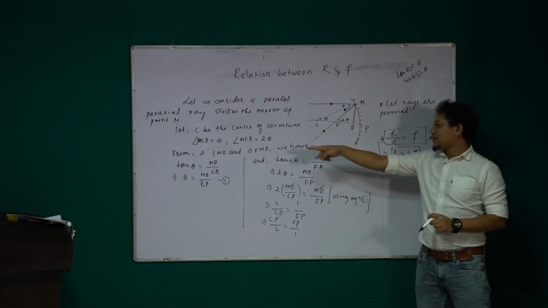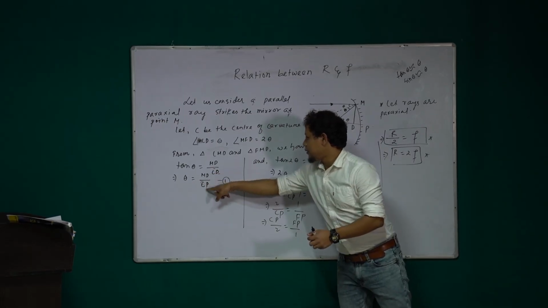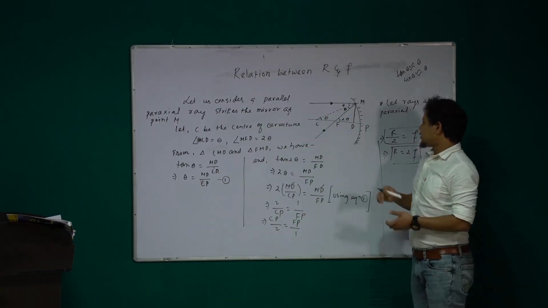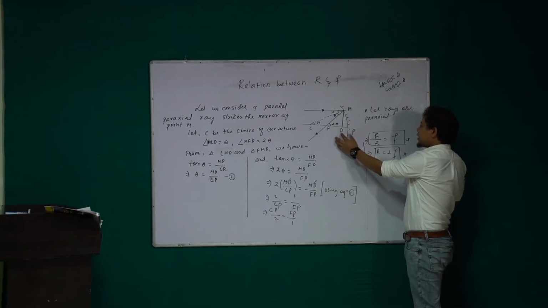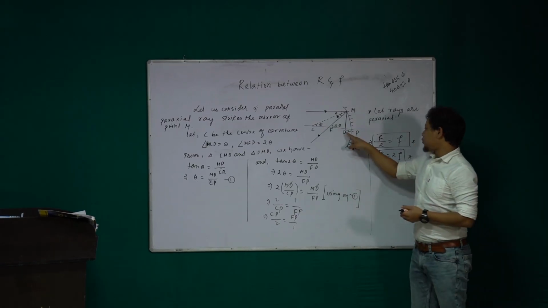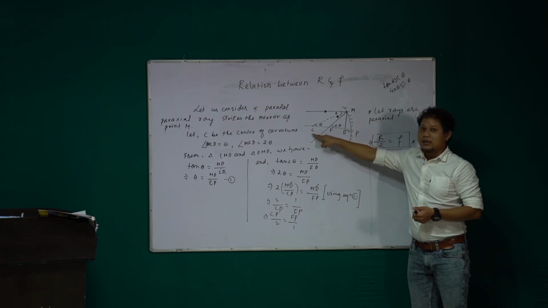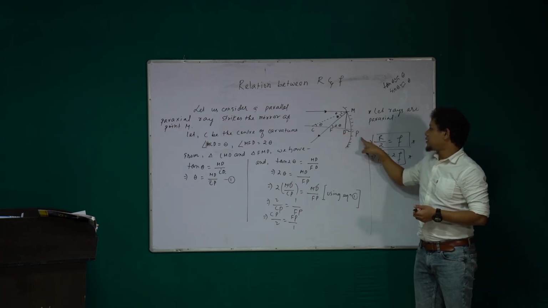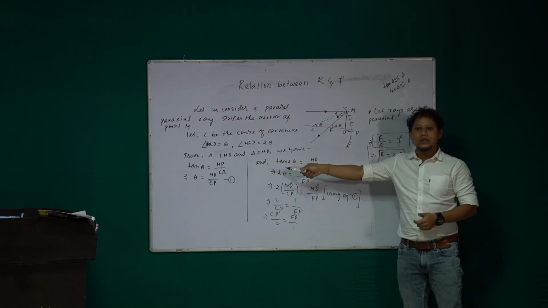So in the next step, I'm writing theta equal to MD divided by CP. Why CP? Because for paraxial rays, the gap between D and P is negligible, so these points practically almost coincide. That's why CD we can write as CP. So theta equals MD divided by CP. I'm referring to this as equation number 1.